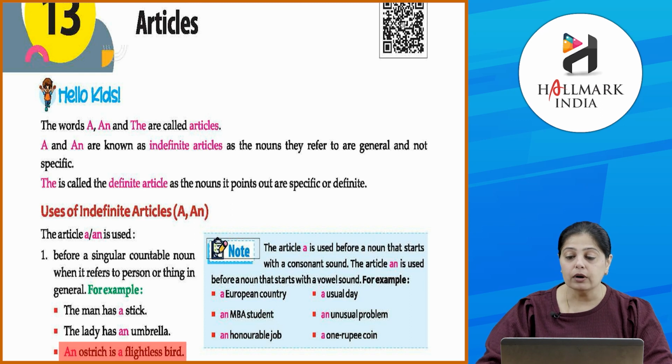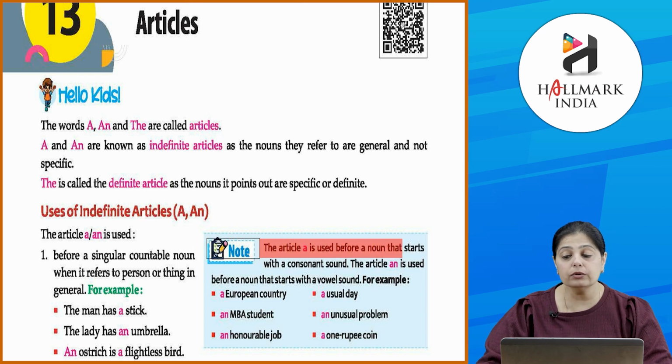Clear? So now let's look at this note first. It says the article a is used before a noun that starts with a consonant sound. Remember this. The article an is used before a noun that starts with a vowel sound.